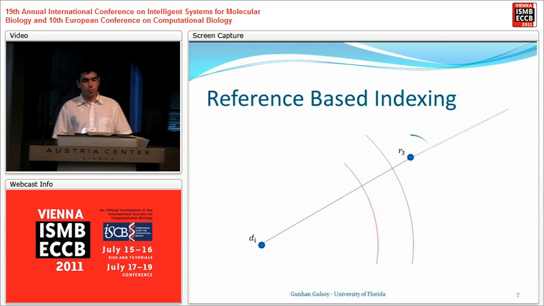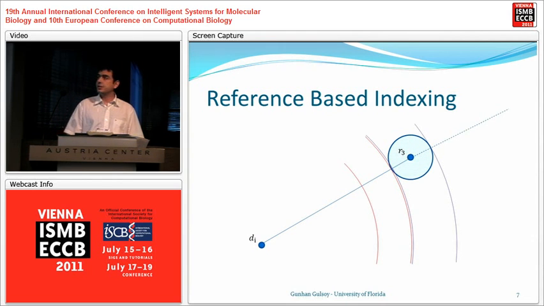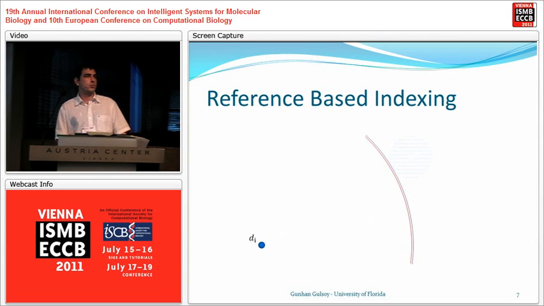Using more and more references, we can shrink this interval so much that we might end up with very close or even equal lower and upper bounds, such that we might save the time to calculate the distance between DI and Q.